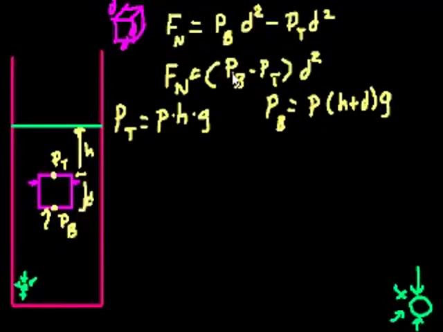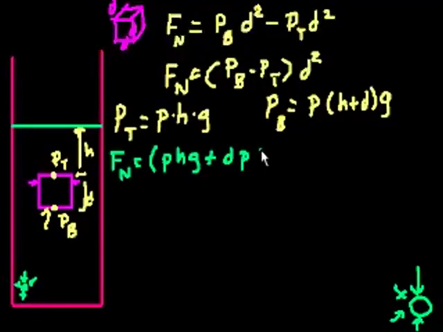All right, so let's just substitute both of those back into our net force. Let me switch colors to keep from getting monotonous. So I get the net force is equal to the pressure at the bottom, which is this, and let's just multiply it out. So we get rho h g, plus d rho g.